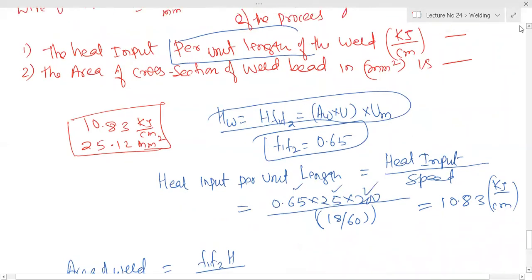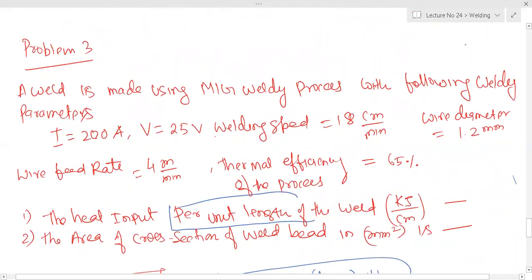You divide with the length, which is the welding speed, 4,000 millimeter per minute. Welding speed is this much, wire diameter is this much, feed rate is given. This was already discussed in the previous problem.